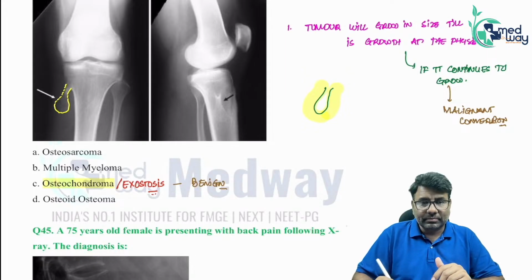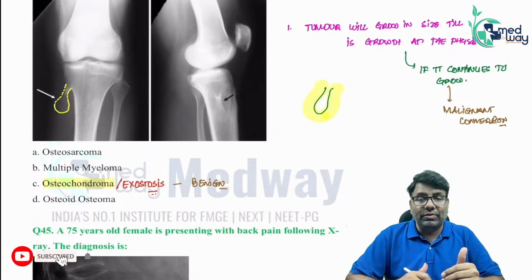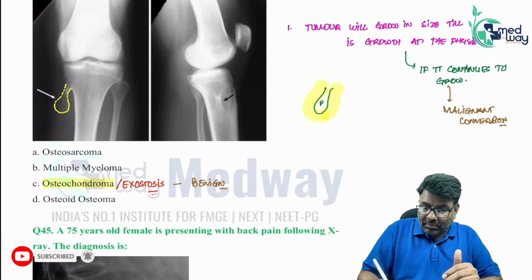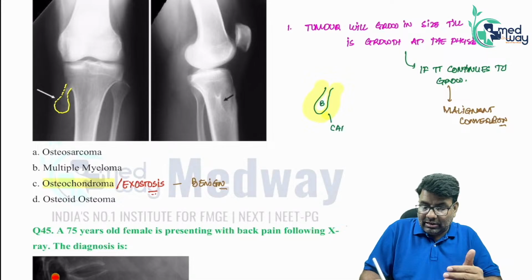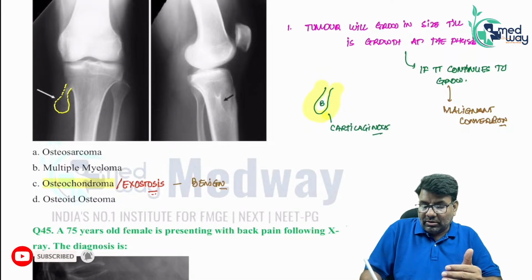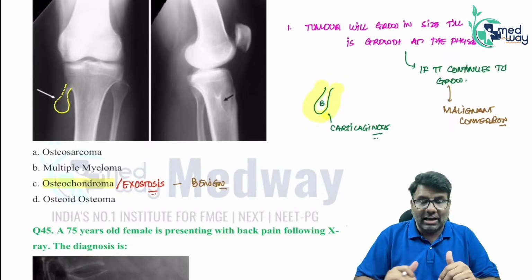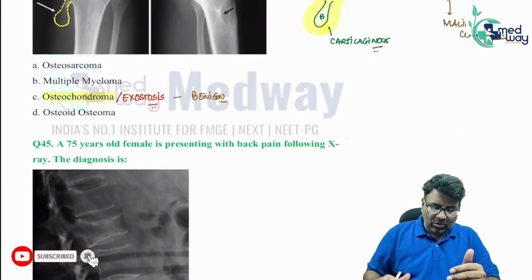So therefore, with naked eye, the size of the tumor is much more than what we have appreciated on the X-ray, because in the X-ray we only appreciate the bony component, and the cartilaginous component of the tumor is not visible on the X-ray. Therefore, the size of the actual tumor is much more than what has been seen on X-ray, right? So this is in short about osteochondroma.